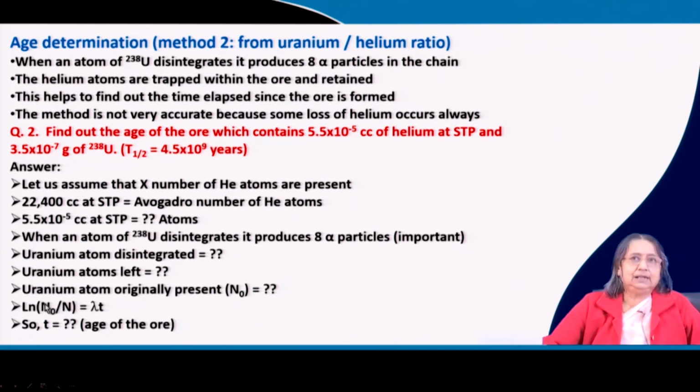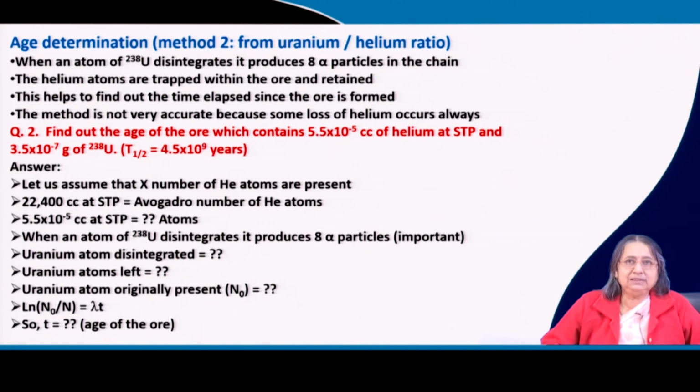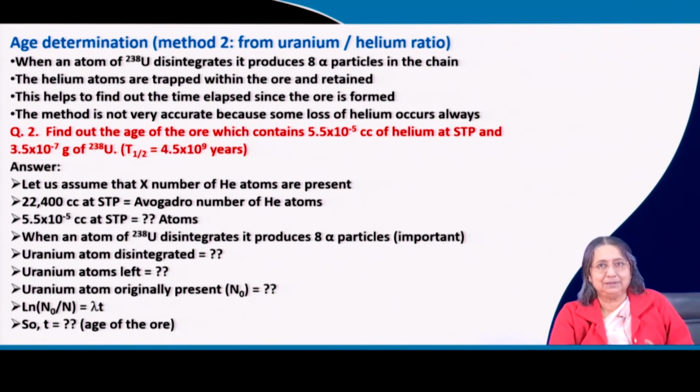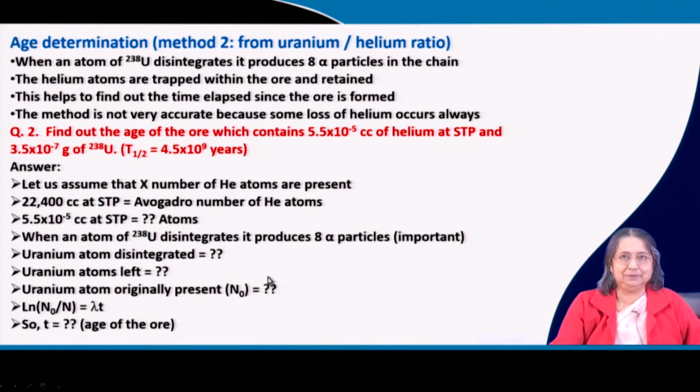N0 means how much is present now plus how much is disintegrated. How much is disintegrated you can find out from the helium: how many atoms of helium you obtain, and for each uranium atom 8 helium atoms are produced. So, that also you have to consider. You can try this, it is a very interesting problem.